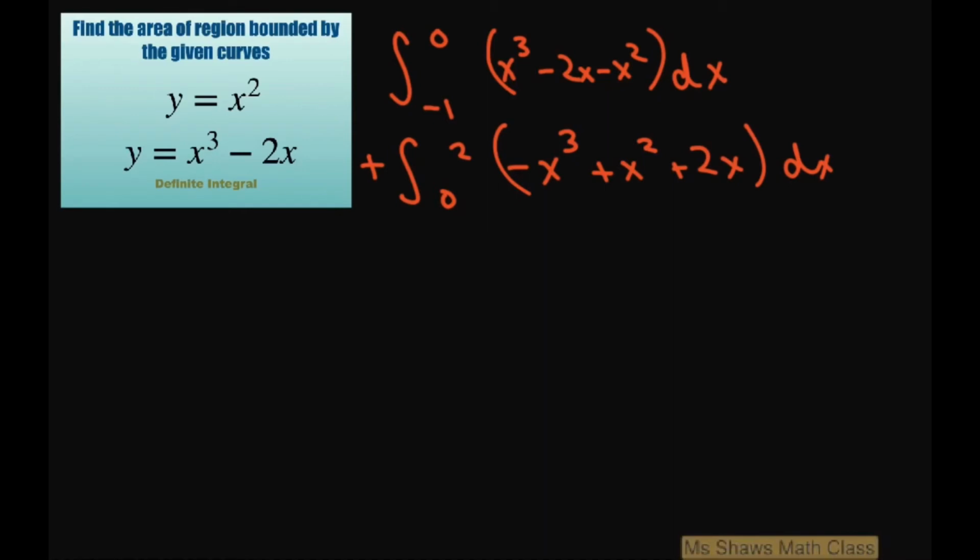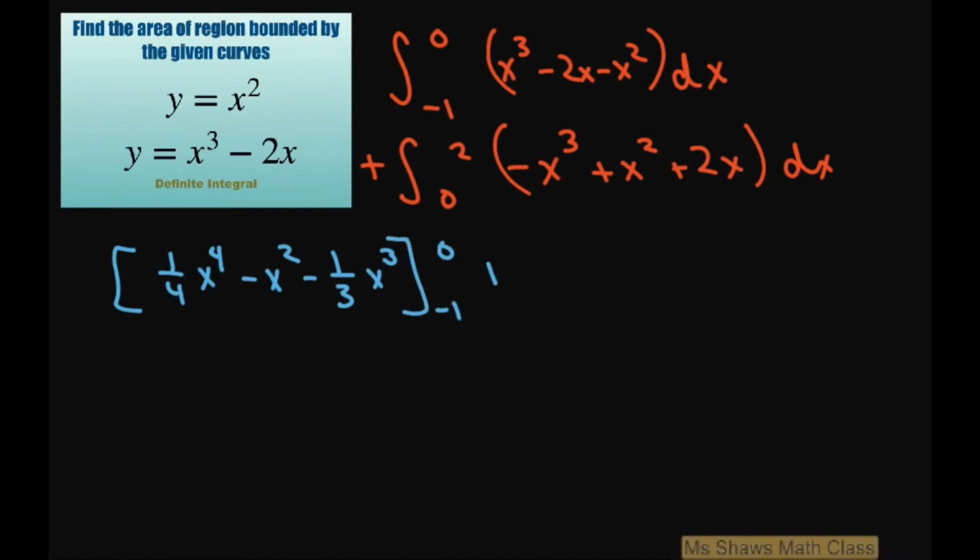When you do that, for the first one, you're going to get 1/4 x to the power of 4 minus x squared minus 1/3 x cubed, and we're evaluating this from negative 1 to 0.